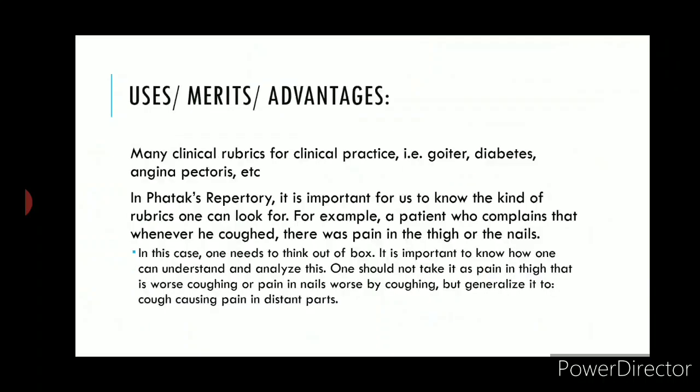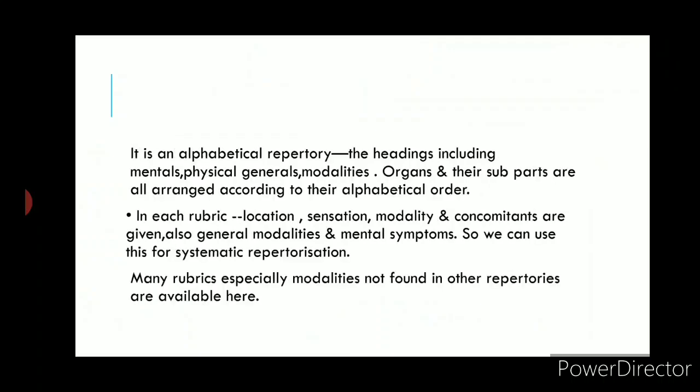Uses of this repertory: there are many clinical rubrics given, so you can easily take advantage of these clinical rubrics in your clinical practice. Then in each rubric, the particular location, sensation, modality and concomitants are given.